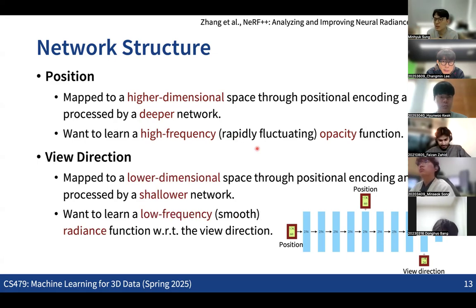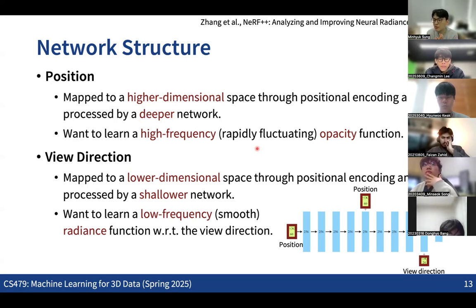Especially when you see the radiance with respect to the view direction, we don't expect to see very rapid changes of the color across views. Obviously there might be some changes of the color depending on the view direction because of the lighting and other environmental information.